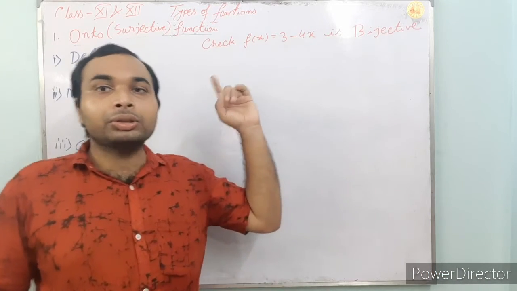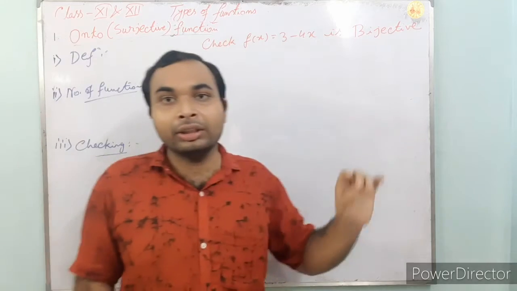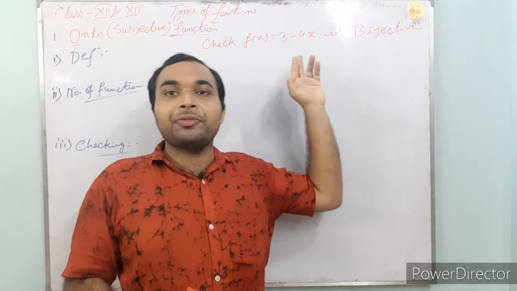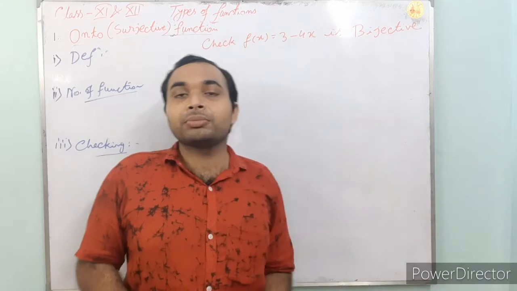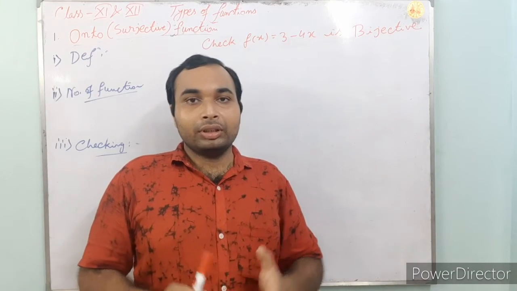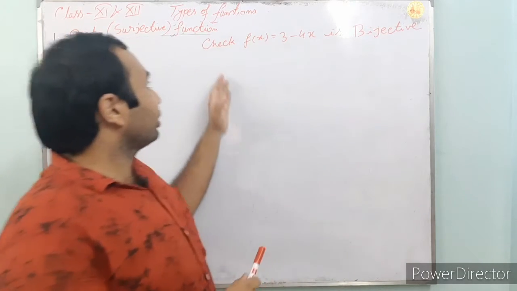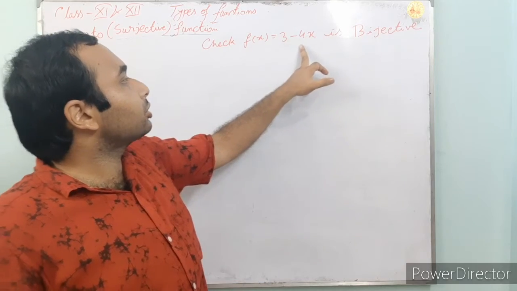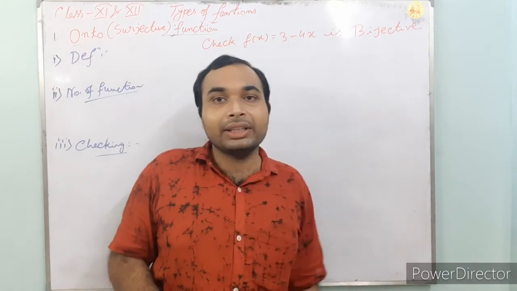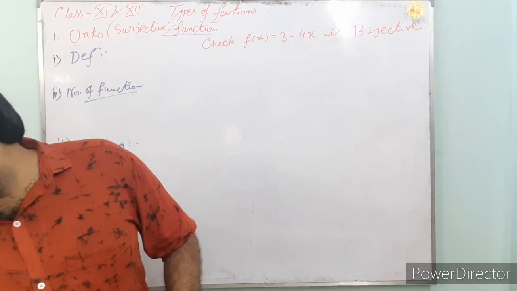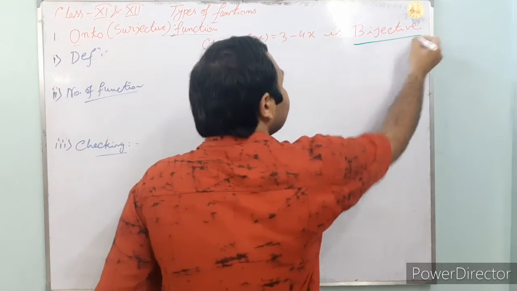Relating to that previous discussion, this type of question comes in your exams. Check whether f(x) equals 3 minus 4x is bijective. Note down the term bijective.